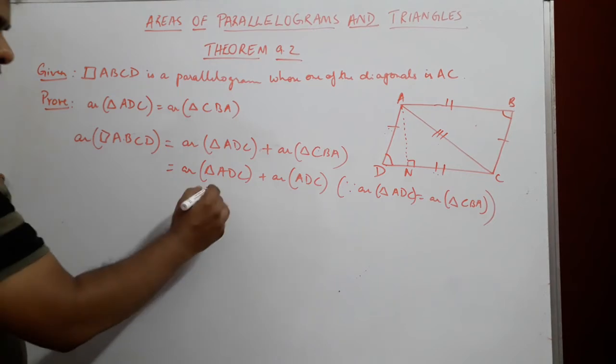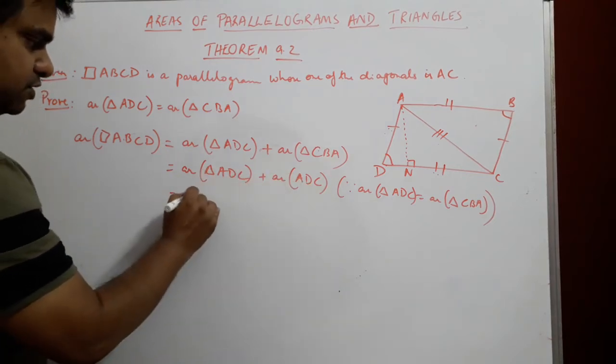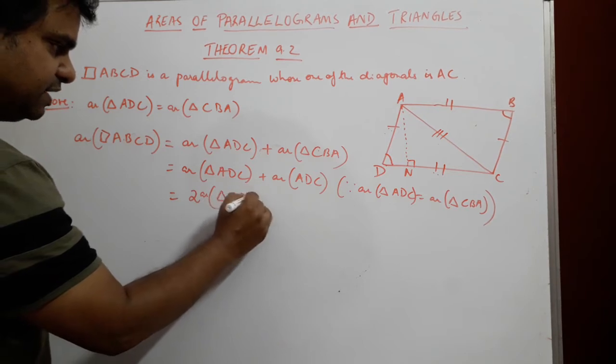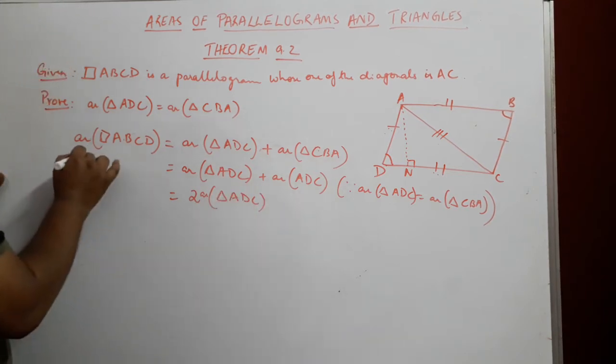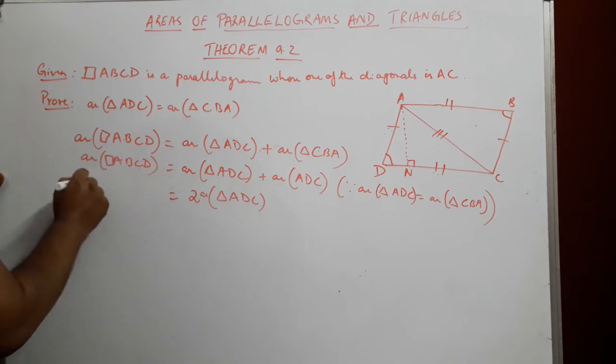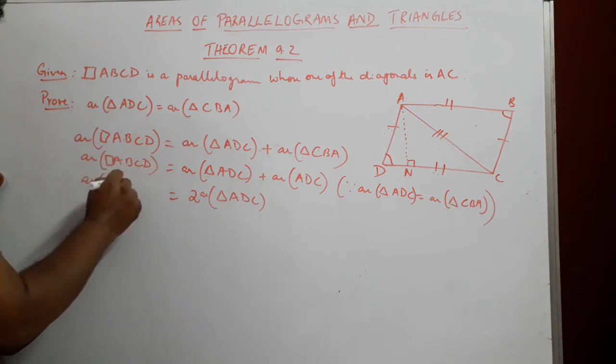Okay, now ADC gives us what? 2 times area of triangle ADC, and I'll continue writing over here. This will avoid confusion.